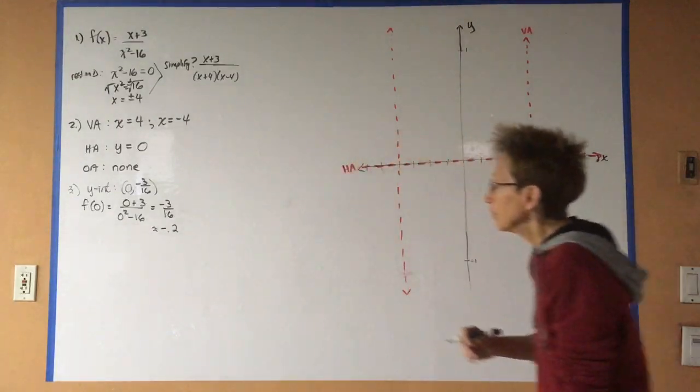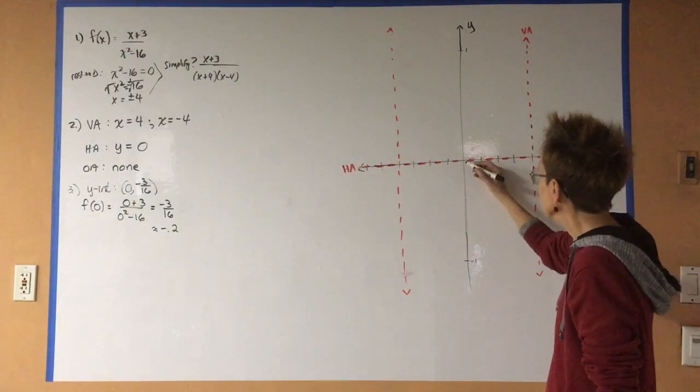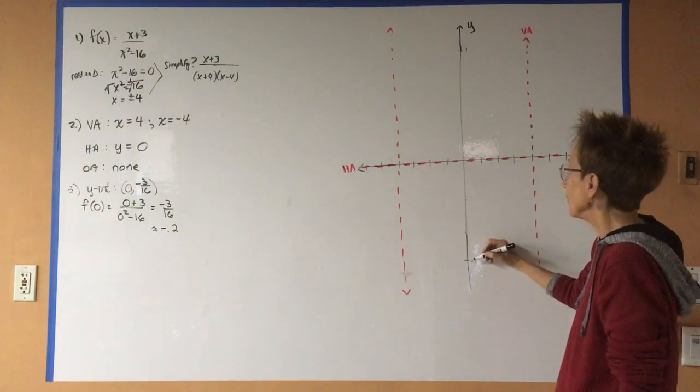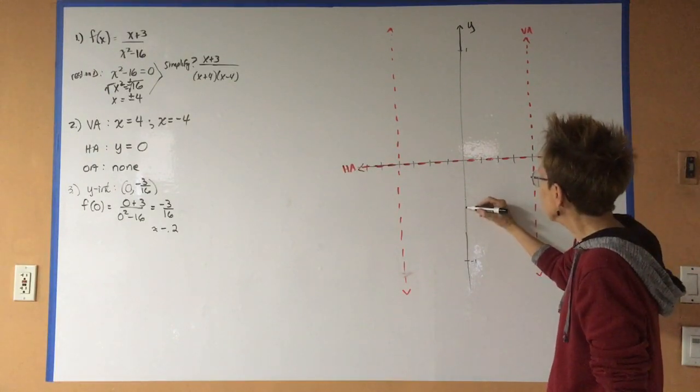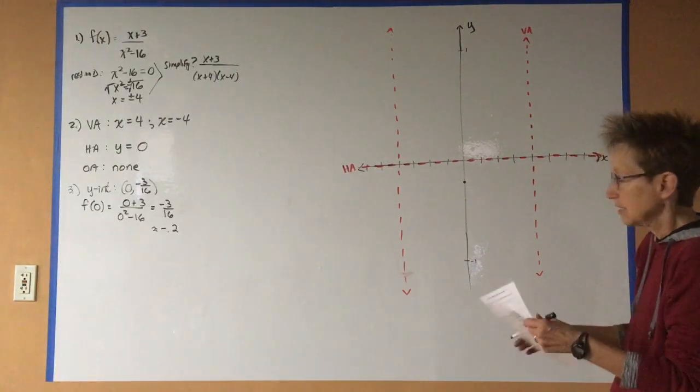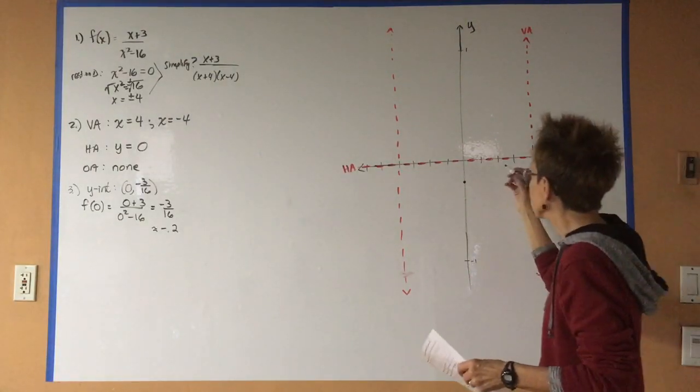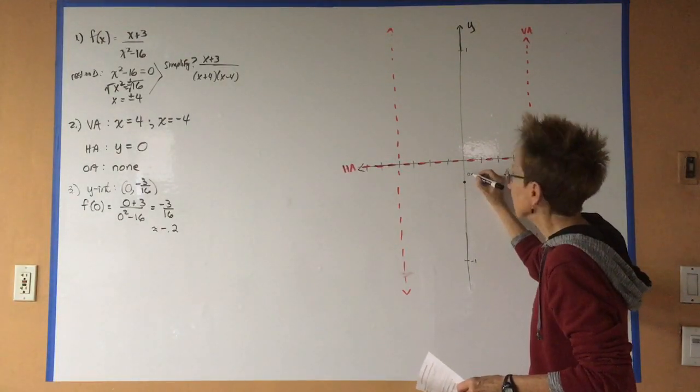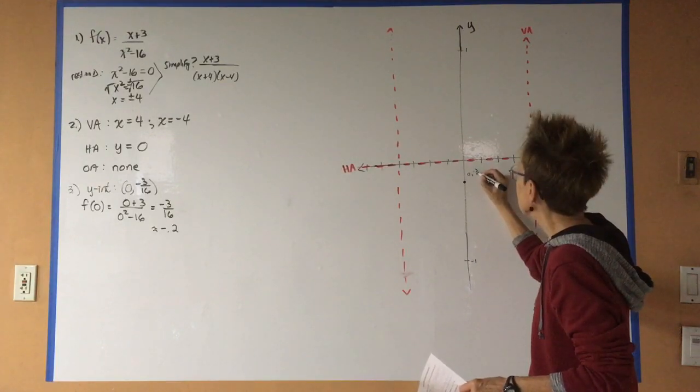So I've got the ordered pair 0, -0.2. So you can see why I brought -1 all the way down here. So there's 0.5, so maybe right around there is my 0, -0.2. So this is my 0, -3/16.